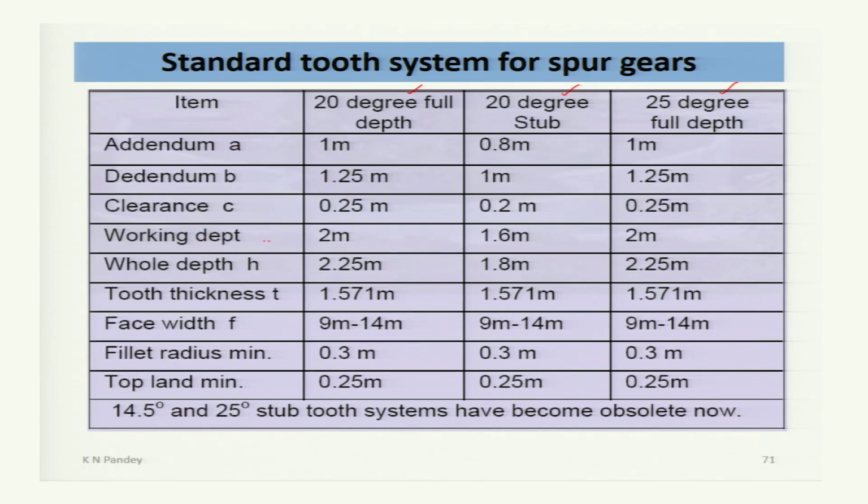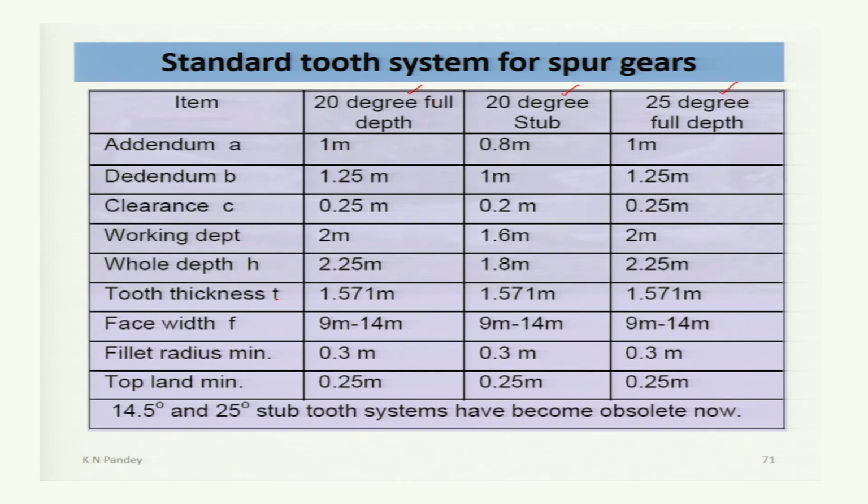That will be the working depth. Then whole depth is equal to H, and that is given by addendum plus dedendum, and so this will be 2.25 for the case of 20-degree full depth and so on.